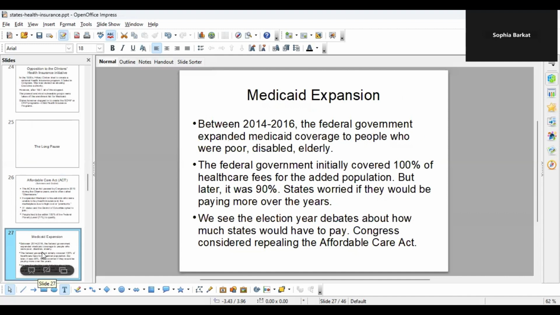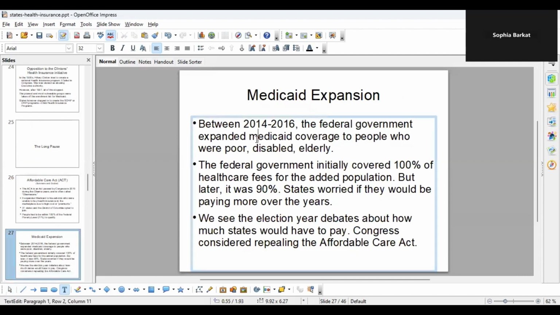Medicaid expansion. Between 2014 and 2016, the federal government expanded Medicaid coverage to people who were poor, disabled, and elderly. So some people were covered and others were not.